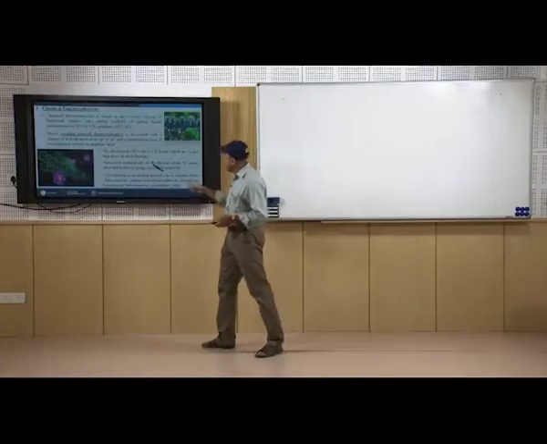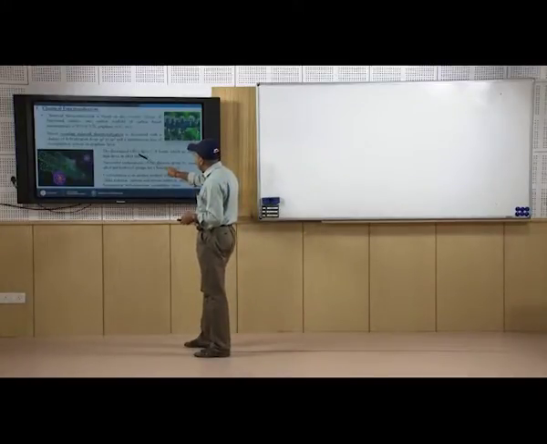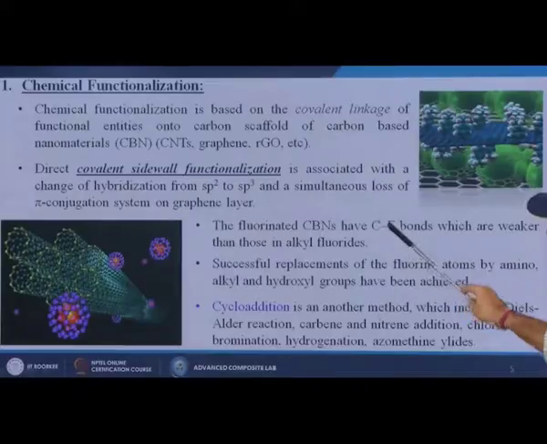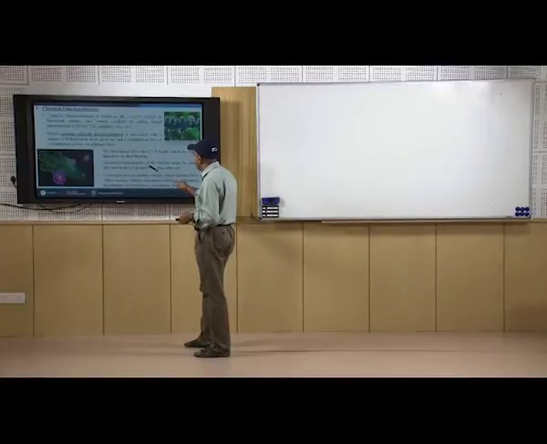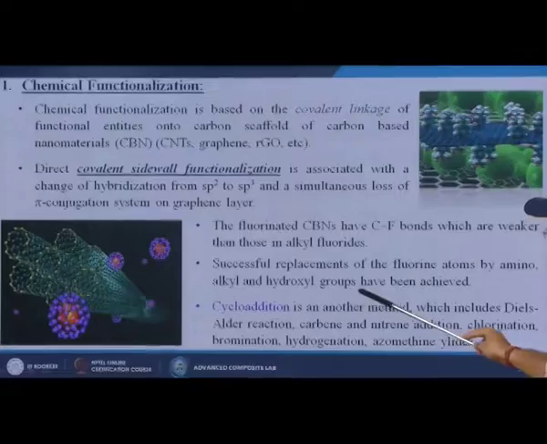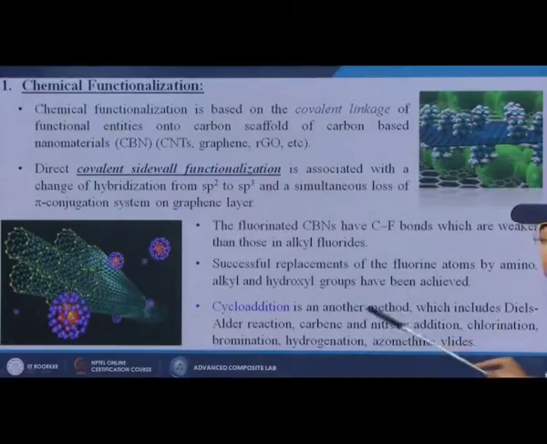The fluorinated carbon based nanomaterials have carbon fluorine bonds which are weaker than those in alkyl fluorides. Successful replacement of the fluorine atoms by amino, alkyl and hydroxyl groups has been achieved.